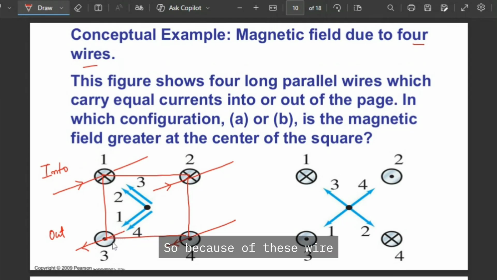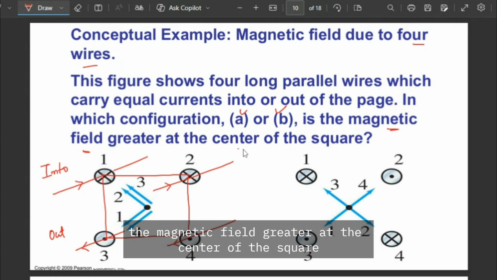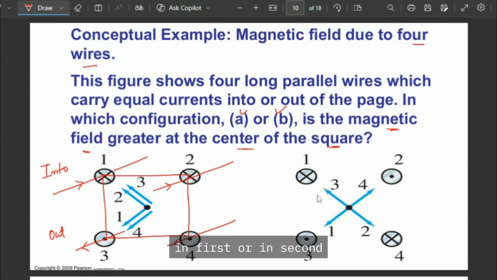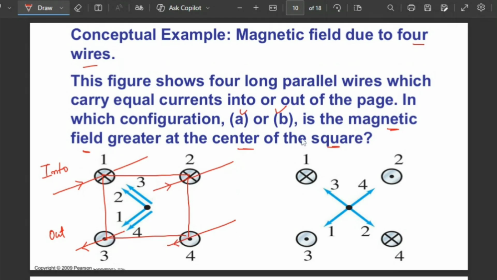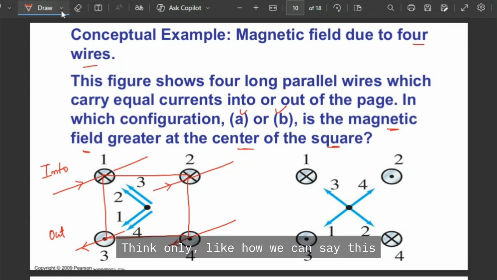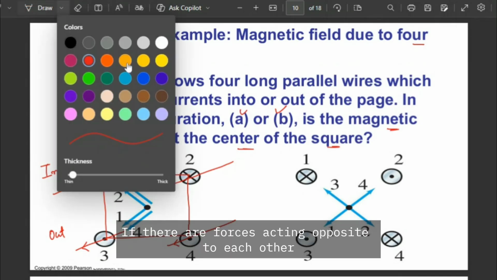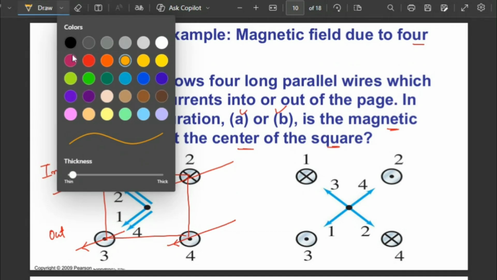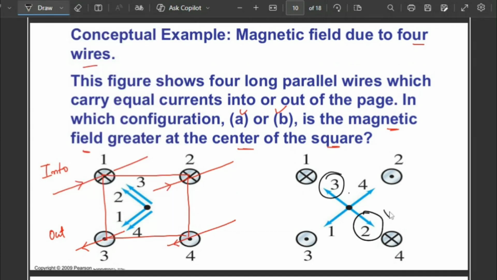Because of these wires, if we try to find out the magnetic field, the question is: in which configuration, A or B, is the magnetic field greater at the center of the square? In which one is it going to be greater, the first or the second? Its answer lies within it only. If there are fields acting opposite to each other, like in this case, this field will cancel out this field.